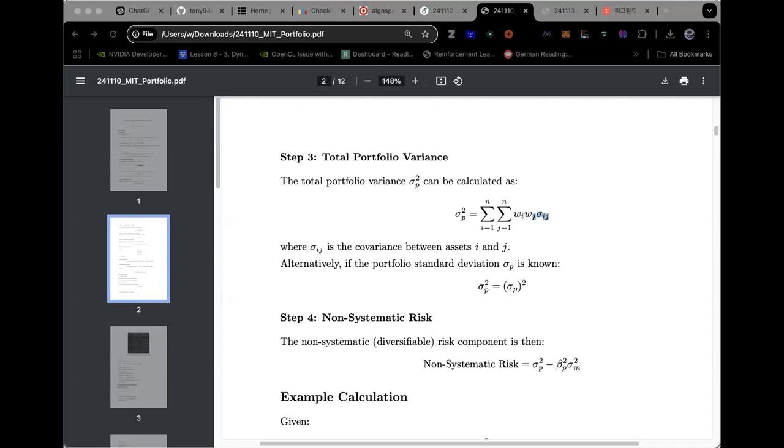Have you heard about standard deviation and variance, Tina? No. Standard deviation can be calculated by 1 over n minus 1 sigma.